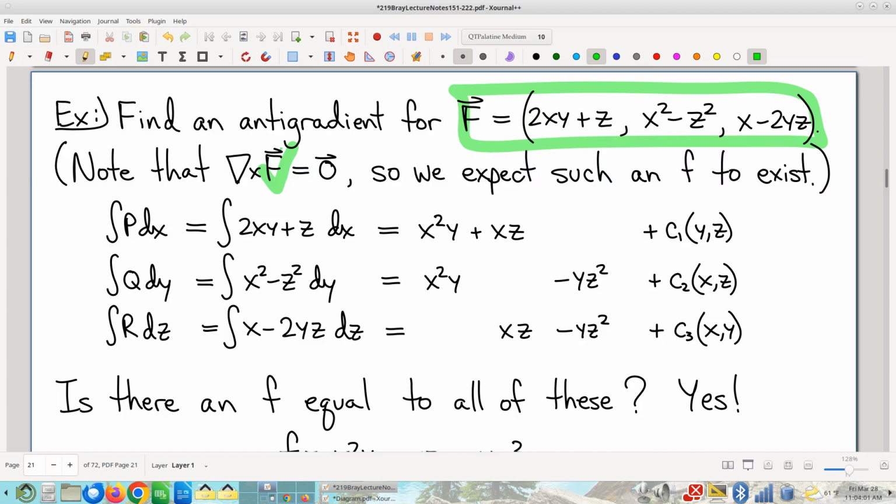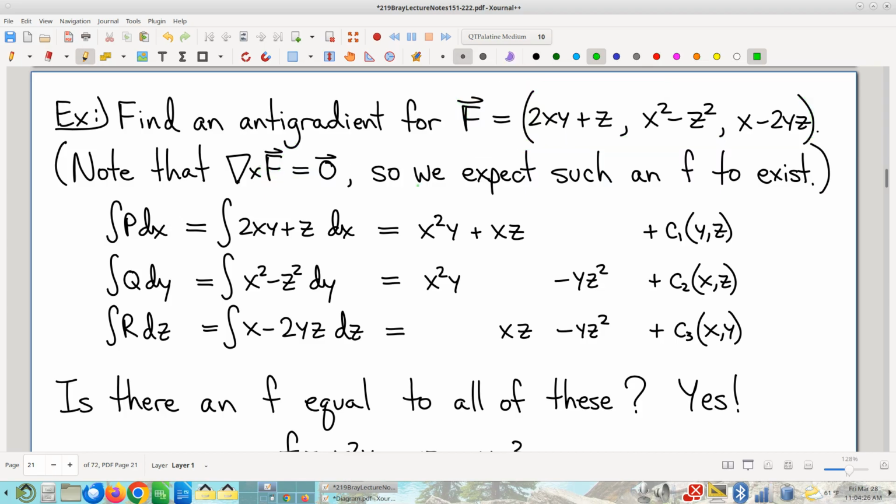You compute the curl, you get the 0 vector. That tells you that this vector field is a gradient. That tells you that there is an antigradient to be found. And again, it's good to know that you're not off on some wild goose chase. It's good to know that the antigradient you're looking for actually exists, so you're not going to be endlessly searching for the impossible.